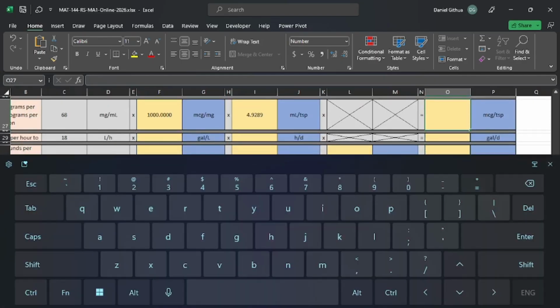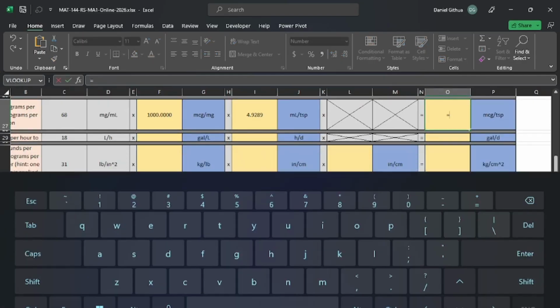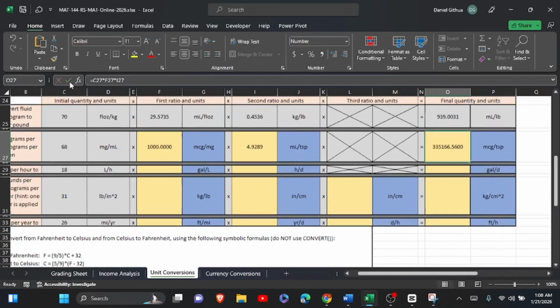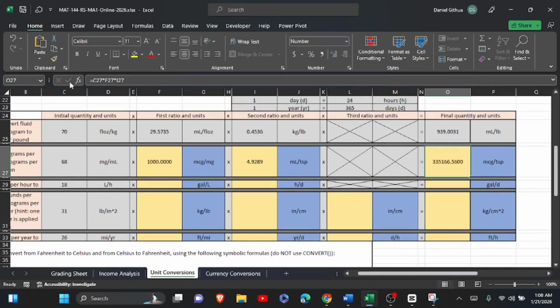So it will be equal to this one times this one times, and that's the final value for microgram per teaspoon. Next, we'll repeat the same for the other values.